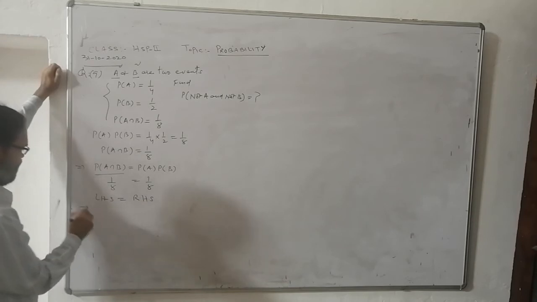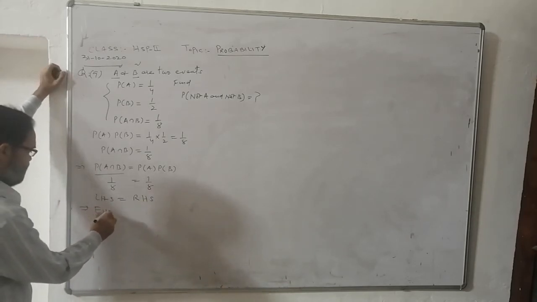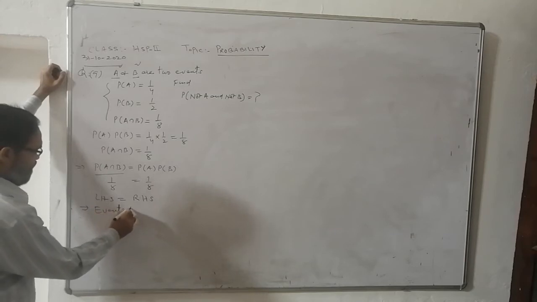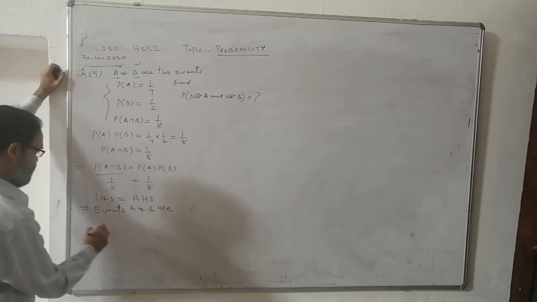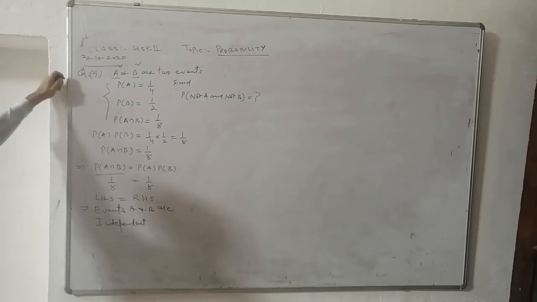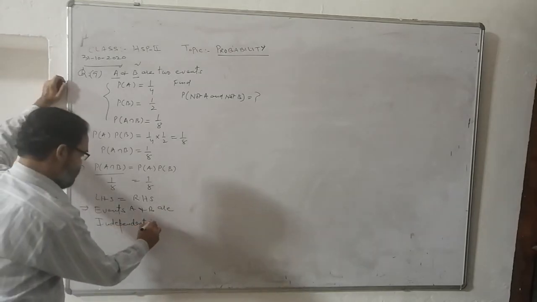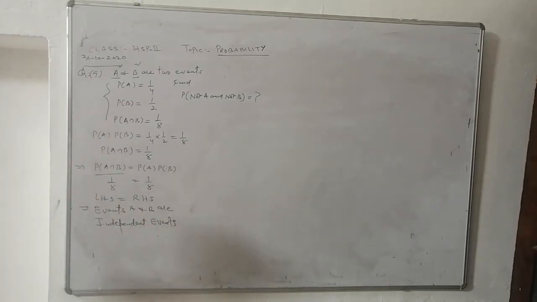So when left hand side equals right hand side, events A and B are independent events.